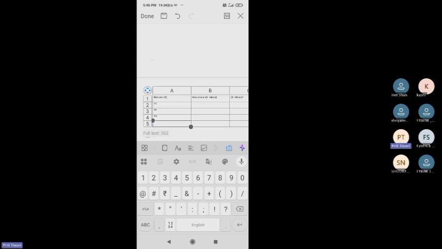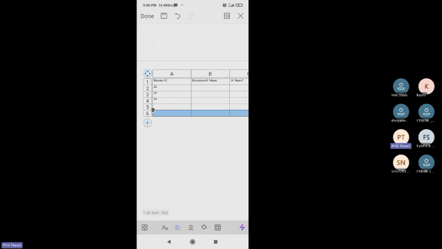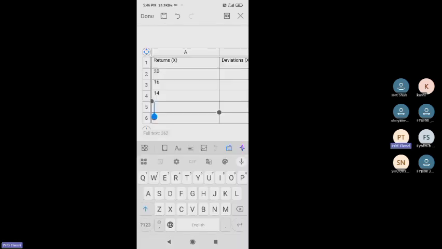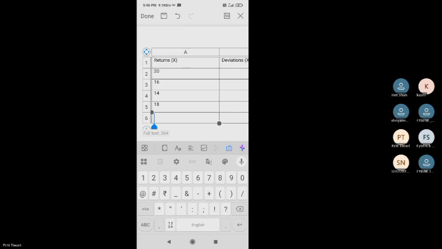Then 18, let's take it for 5 years, and again 12%.